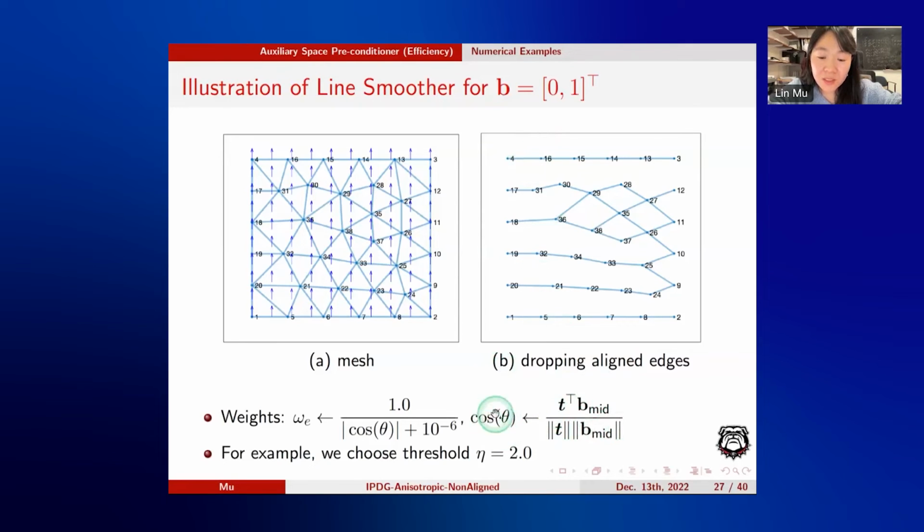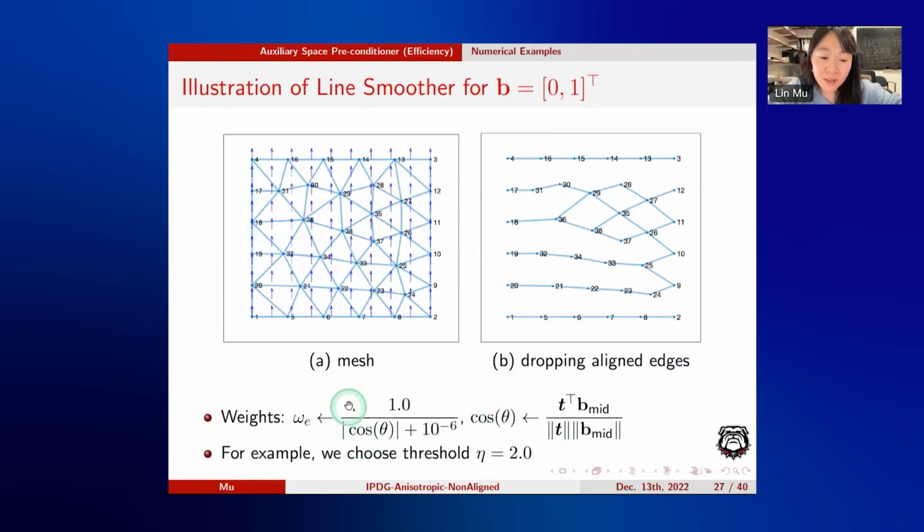This quantity tells us, if it's perpendicular, this value cosine theta will be very small. If it's aligned, this one will be big.